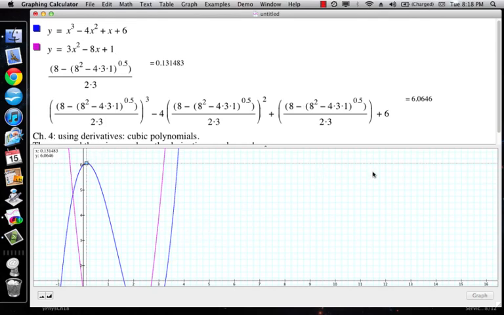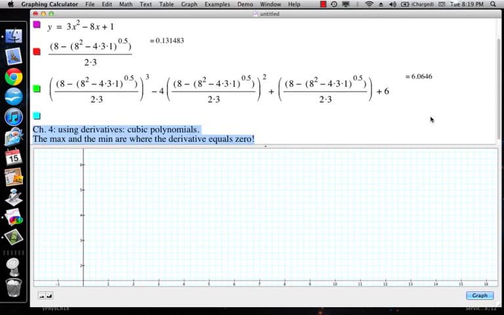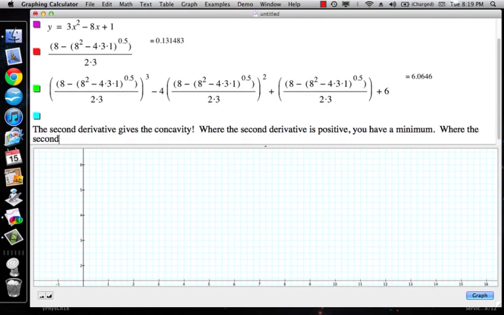Now, how am I going to know which one's a max and which one's a min? Well, we could just look at those numbers, but once again, let's use calculus. Okay, so let's look at that.